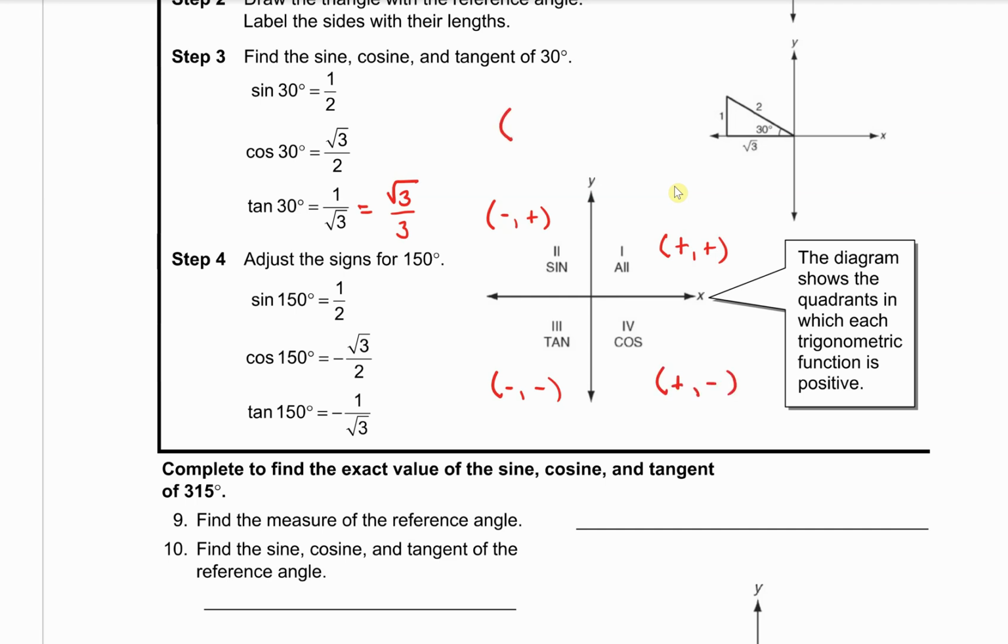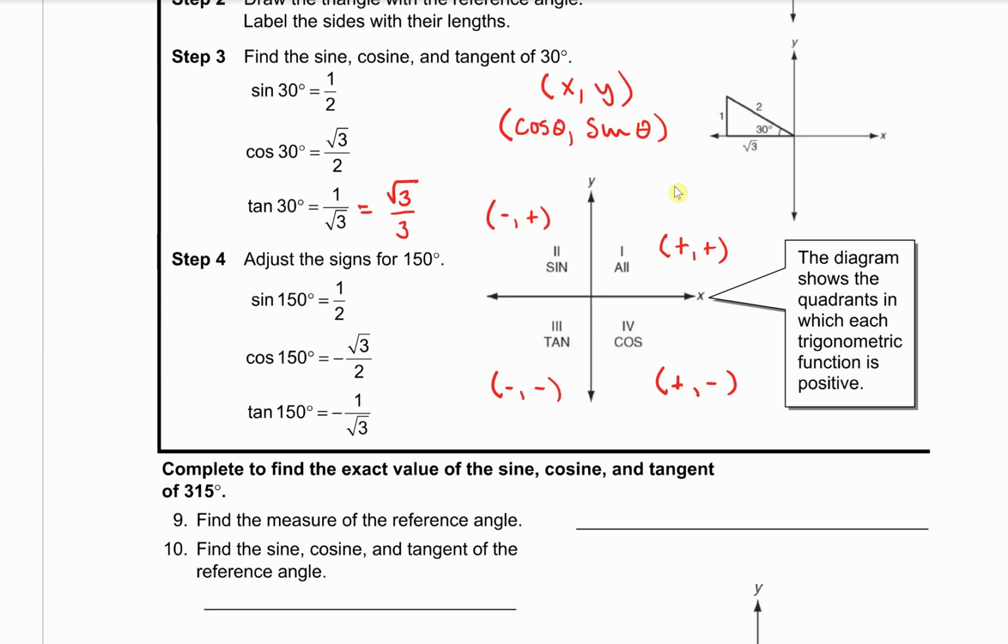Well, if we consider this to be cosine theta, sine theta, instead of xy, what ends up happening is, in the first quadrant, both these values are positive. In the second quadrant, cosine's negative, but sine is positive. In the third quadrant, cosine and sine are negative, but tangent is positive. And then in the fourth quadrant, cosine's positive, but sine's negative. And of course, tangent will also be negative.